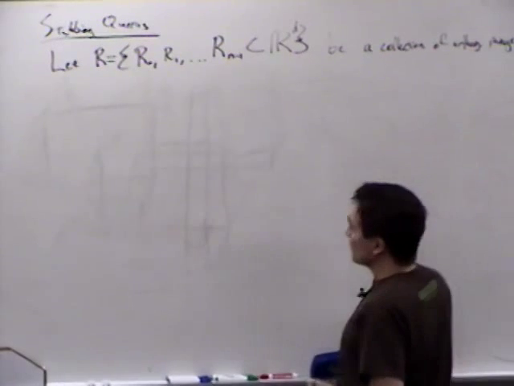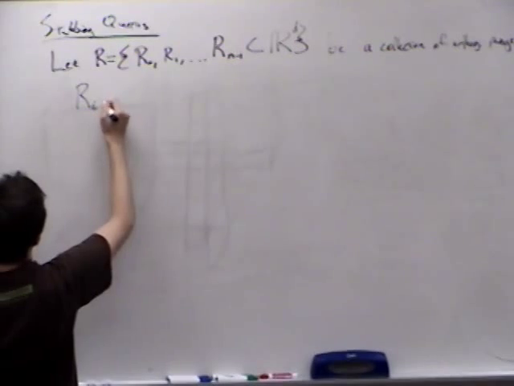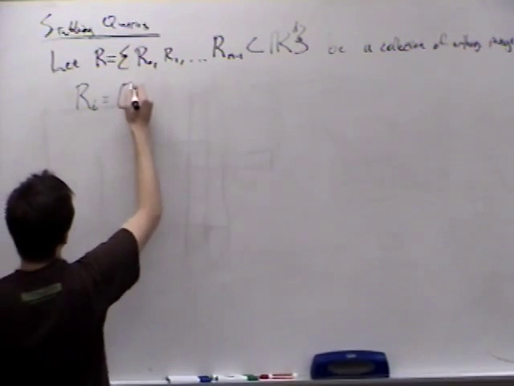If we take any of these Ri's, this is going to look like a Cartesian product of intervals.